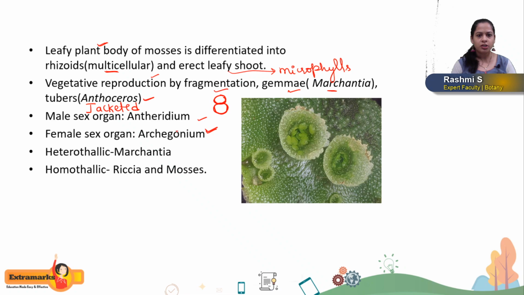The male sex organ is called antheridium and the female is called archegonium. If both are present on the same plant body, then such bryophytes are said to be homothallic, when both male and female sex organs are developed on the same plant body.